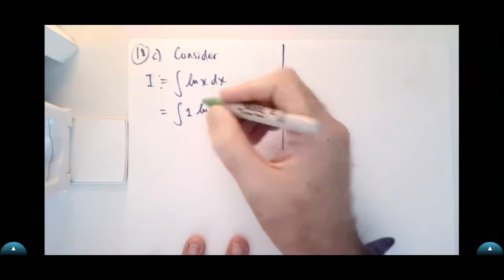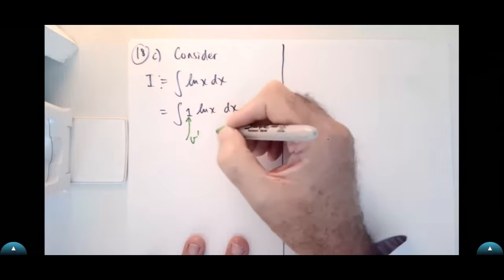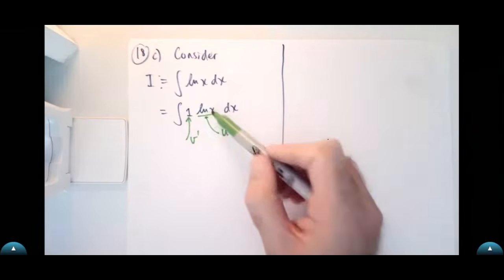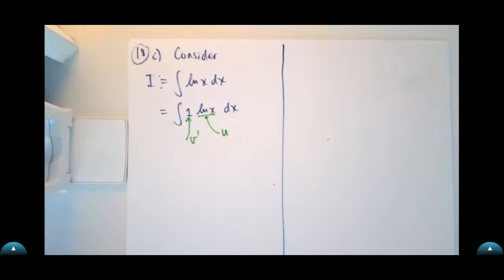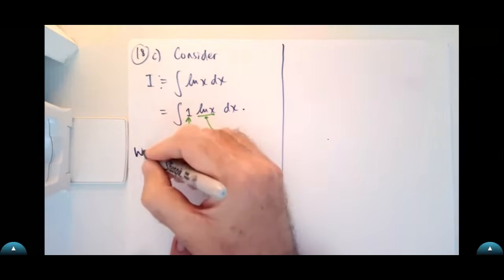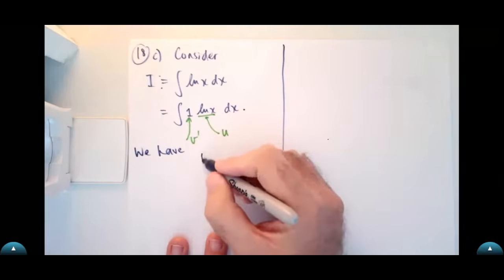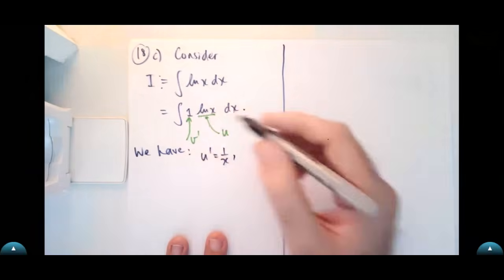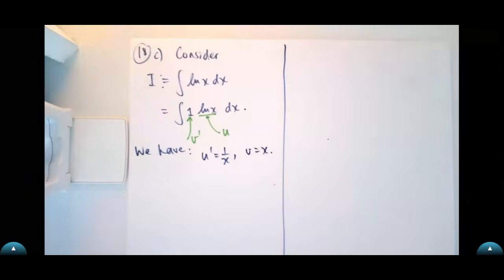Okay, so in this case, I would let that be v dash and this function u. We know how to differentiate log x, no problem, and we know how to integrate a constant. So that's easy as well. So if u is that, then u dash is going to be 1 on x. And the integral of that, just the definite integral, is going to be x.